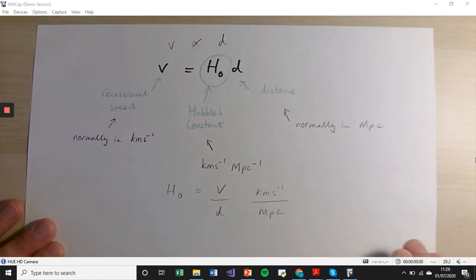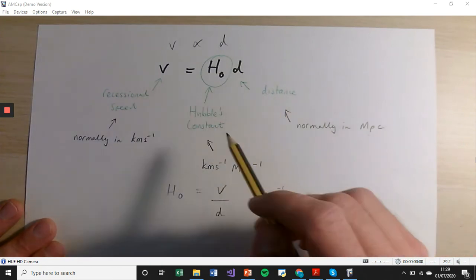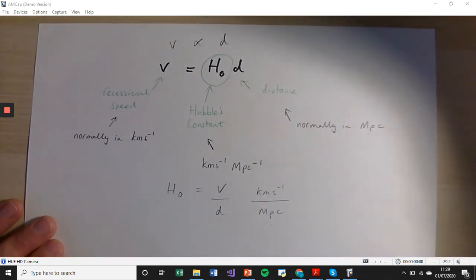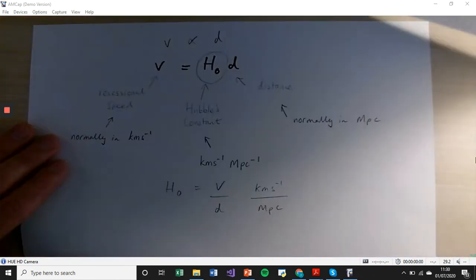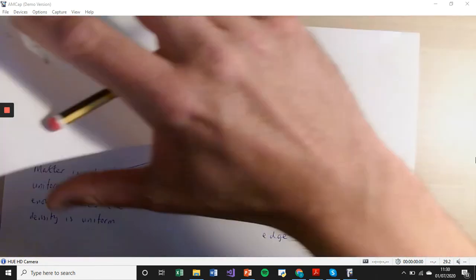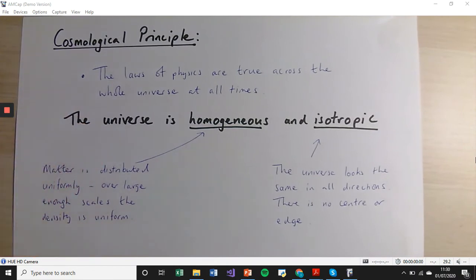So Hubble's law: recessional speed is proportional to distance, and we can take it one step further by writing this out as an equation. Okay, we'll come back to that in a sec. We're going to take a slight pause here and think about the cosmological principle. These statements are really important definitions for us to remember and also to understand.